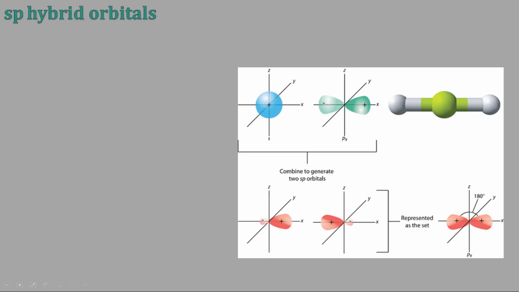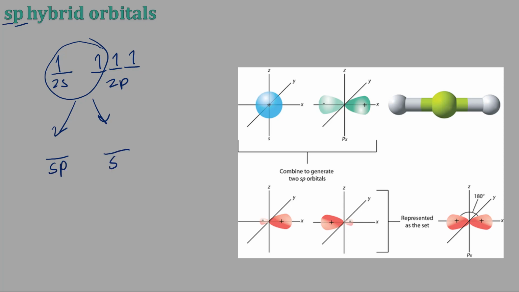All right, and then the last hybridization that we have to look at is sp hybrid orbitals. So again, I'm going to look at carbon. So carbon has the 2s and the 2p, and there's 1 electron in each. And so this time, since it's sp, that means we're going to take the s and one of the p's, and we're going to hybridize it together. And since we have 2 atomic orbitals, we're going to get 2 hybridized orbitals. And each one would have an electron in it to be able to bond. Okay, so then there's 2 of these left over, right?